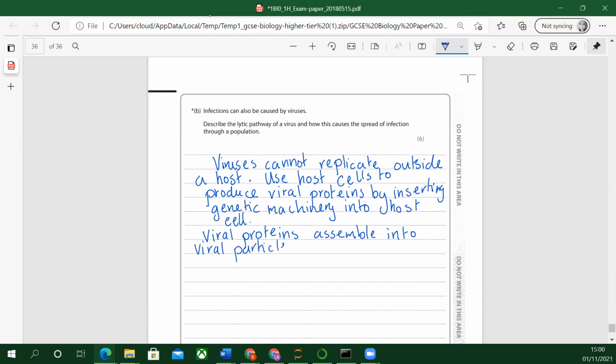Right, so these exit through the host cell membrane. Okay, this is called lysis, so it causes cells to burst, causing lysis.